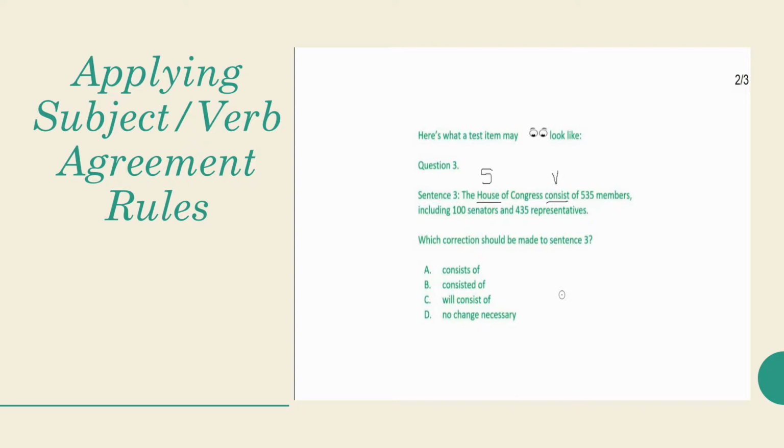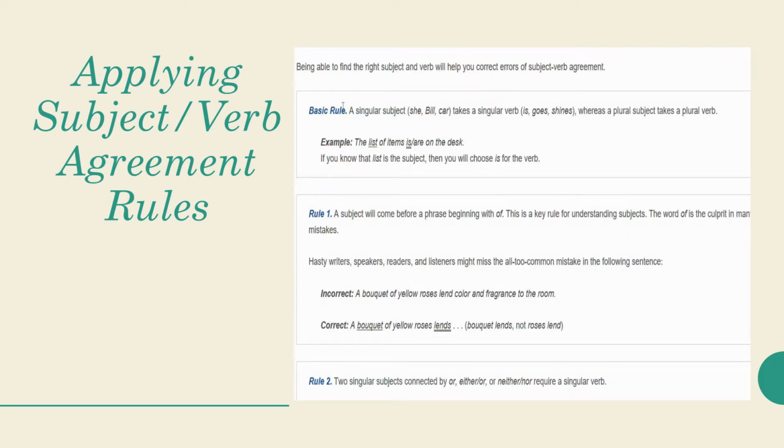So now that we have identified our subject and our verb, we need to determine whether or not they agree in terms of the structure of this sentence. So let's look at some rules. Being able to find the right subject and verb will help you correct errors of subject-verb agreement. Your basic rule is that a singular subject such as she, Bill, car, one person, or one thing takes a singular verb: is, goes, shines.